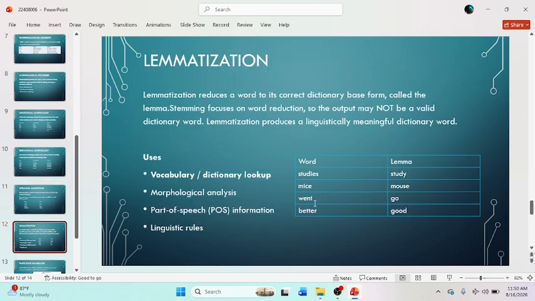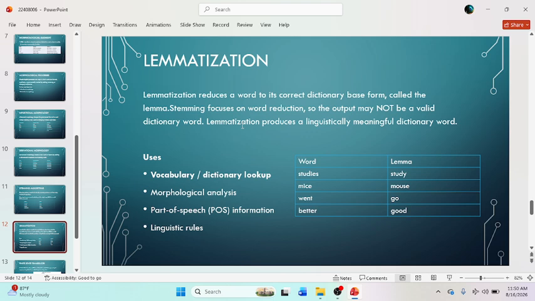Next is lemmatization. Lemmatization reduces a word to its correct dictionary base form called the lemma. Stemming focuses on word reduction, so the output may not be a valid dictionary word, but lemmatization produces a linguistically meaningful dictionary word.